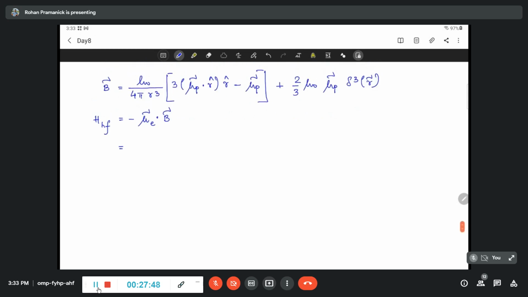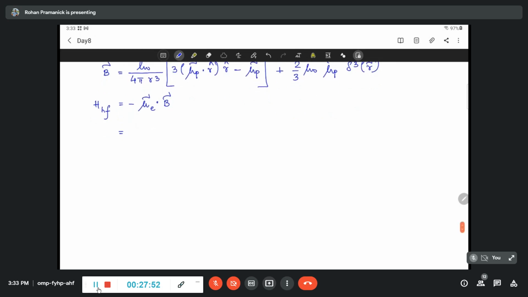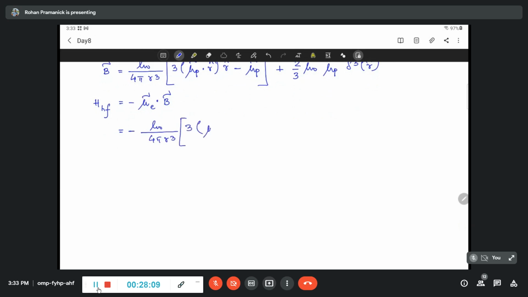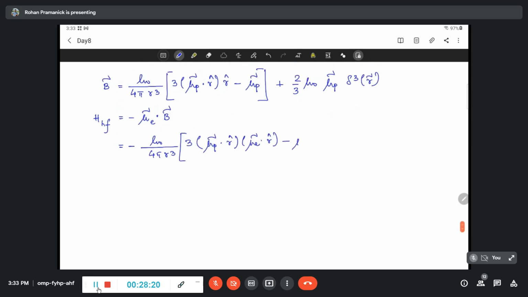Okay, so let's simplify a little bit. Then what we have is minus mu naught by 4 pi r cube, times 3 (mu_p dot r cap)(mu_e dot r cap) minus mu_p dot mu_e, minus 2 by 3 mu naught mu_p dot mu_e delta cube r.